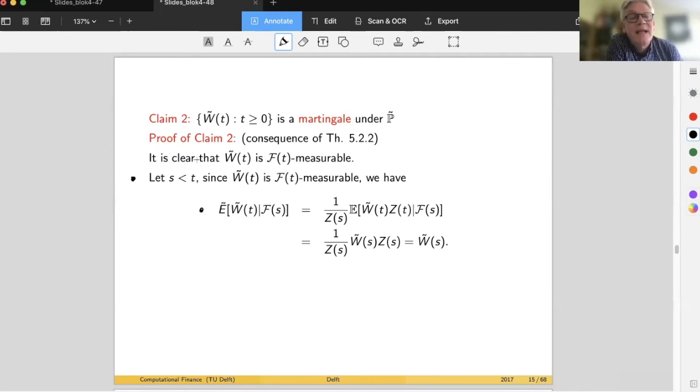The expectation under P tilde of W tilde T given Fs, so the conditional expectation of W tilde T given Fs, the information up to time s, that is by 5.2.2, 1 over Zs, the expected value of W tilde T ZT given Fs.